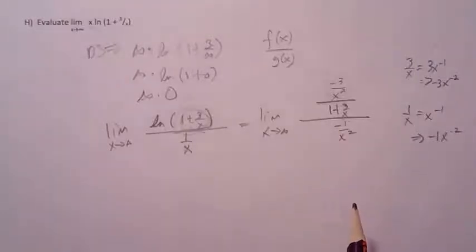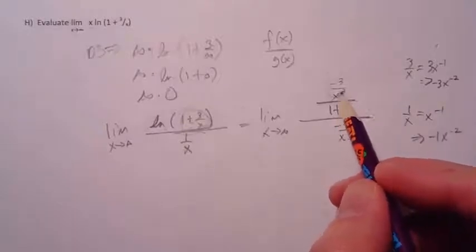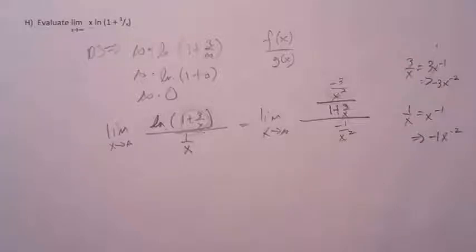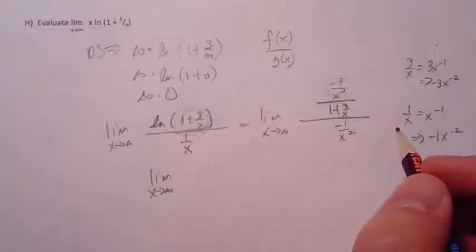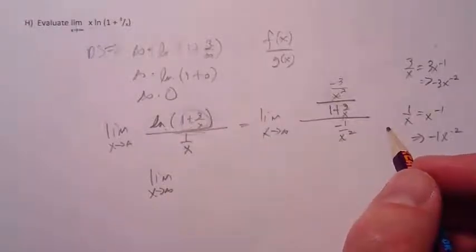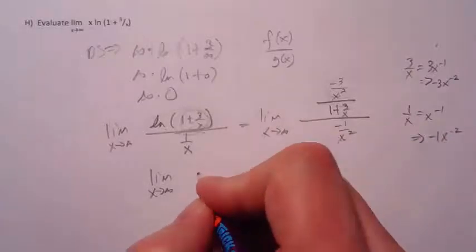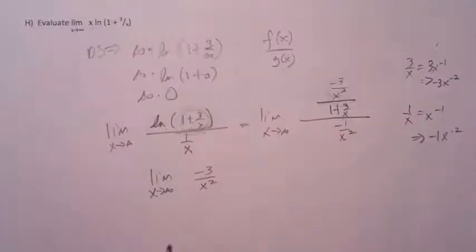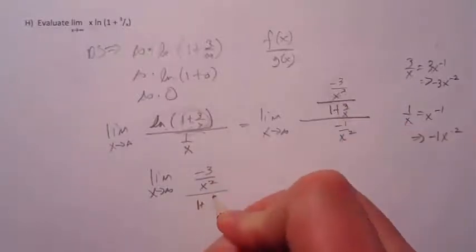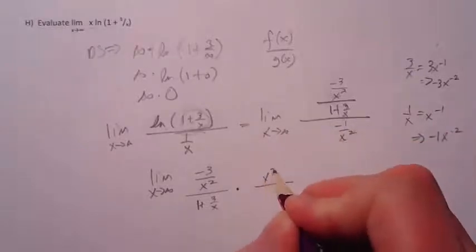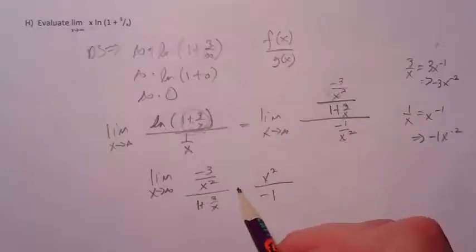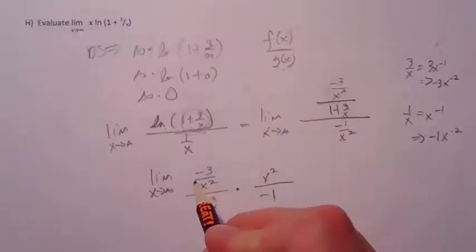Let's see if we can clean this up at all. I'm seeing that we're over x squared here and we're over x squared here. I wonder if we can tidy that up a bit. So I'm going to write this as 3 over x squared over 1 plus 3 over x. Instead of dividing by this fraction, I'm going to call it multiplying by the reciprocal. So I'm flipping this and making it a multiplication problem. Then this is over x squared.